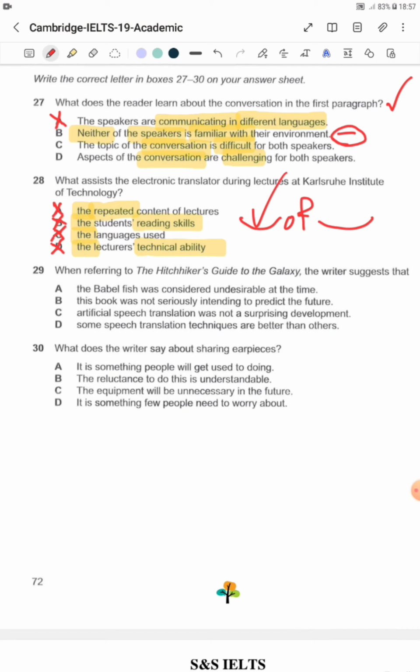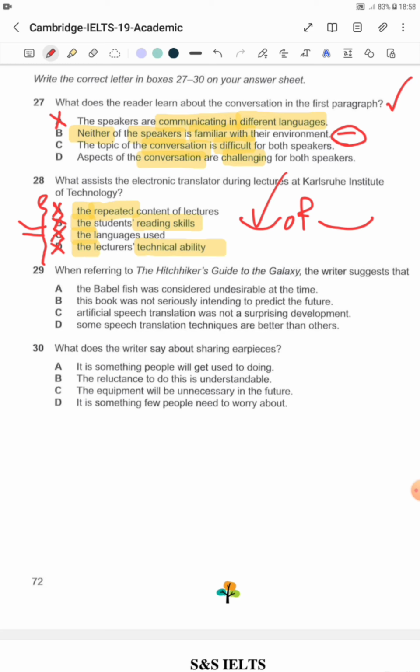Now I can check them again to deeply check the rejected answers. Which one is confidently rejected? Reading skills was confidently rejected, as well as languages used. It was actually obviously visible that it wasn't mentioned at all. The examiner didn't mention it at all.